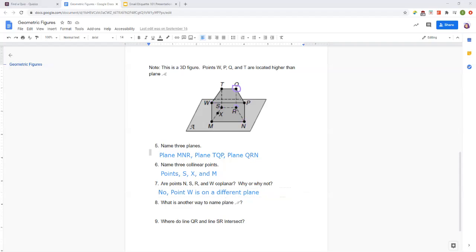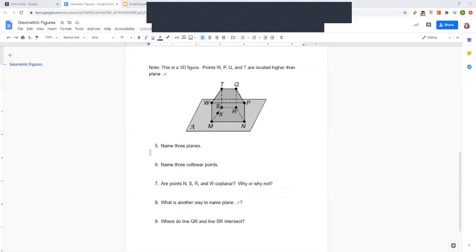Q and R, and then if I switch colors, SR, you can see that that's the one and it's R. Because again, that's a trick that can help you with finding intersections for lines and line segments.